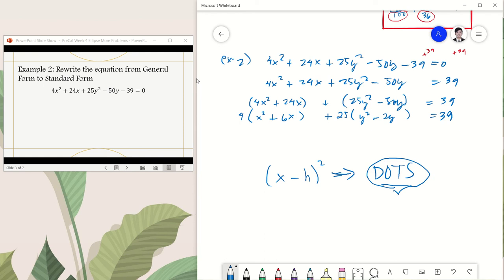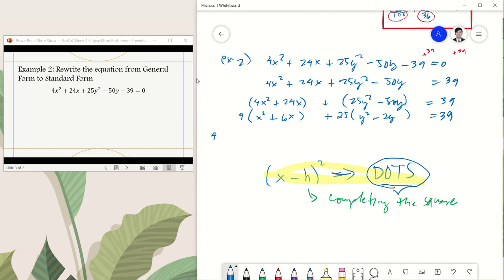So again, yung ultimate goal natin is to factor it using DOTS. Ang problema ngayon is it's not factorable using DOTS. So if that's the case, yung grade 9 lesson natin, sinabihan tayo na para maging factorable using DOTS, magkukumpleting the square tayo. Okay? So ano yung mangyayari sa completing the square?